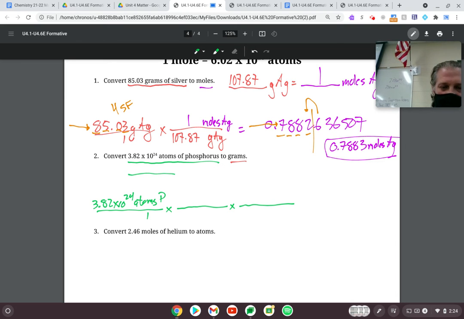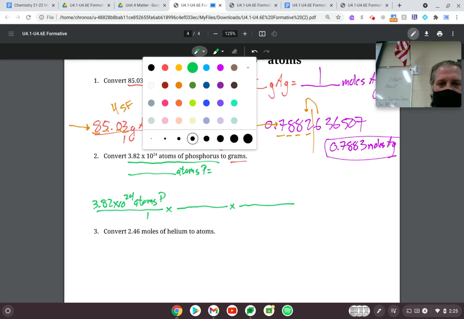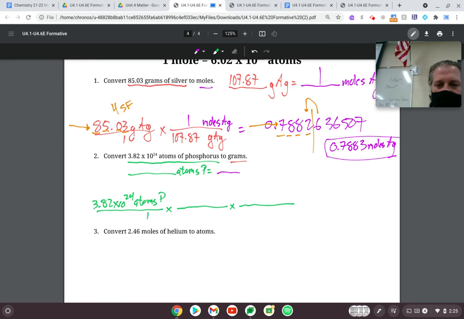So I'm looking for the relationship between atoms of phosphorus and moles of phosphorus. And I know that the relationship is 1 mole of phosphorus is equal to 6.02 times 10 to the 23rd atoms of phosphorus.